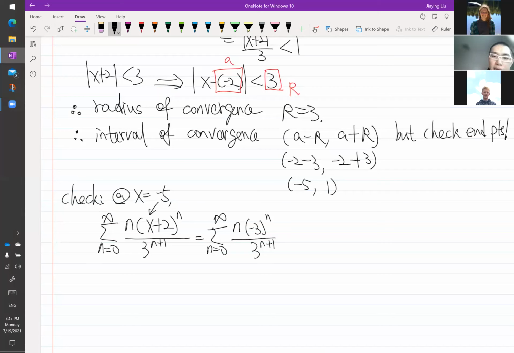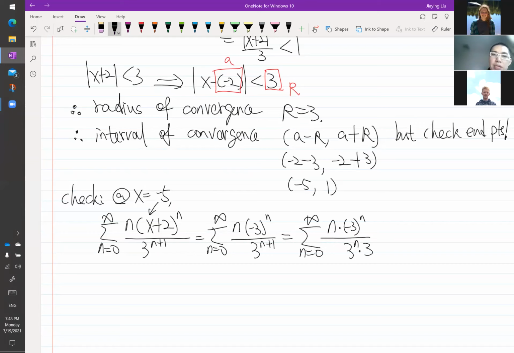And that I can simplify, even though it looks complicated. I mean, you could definitely use the ratio test to find out, right? But let's simplify this. So that will be sigma n from 0 to infinity, n times the numerator, which I'm going to leave the way it is, -3 to the n for now. And the denominator is 3 to the n times 3.